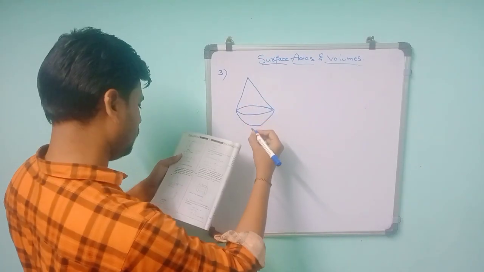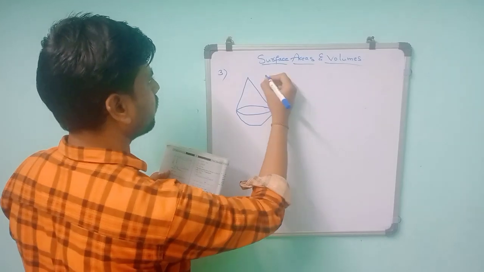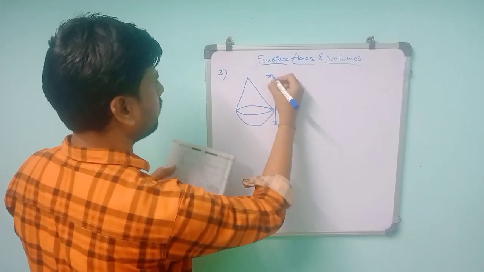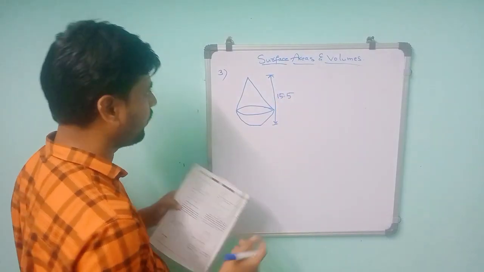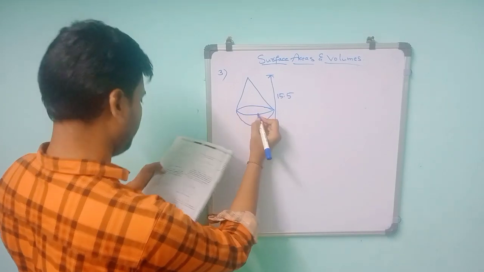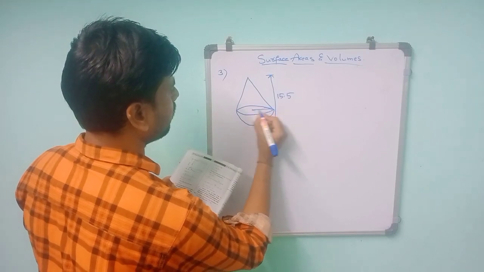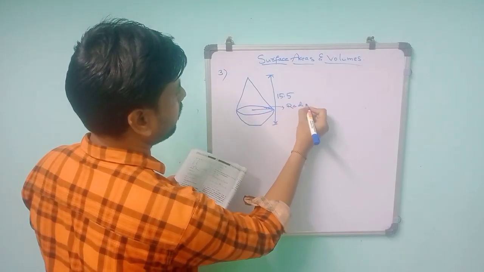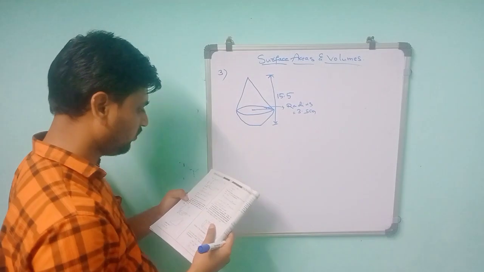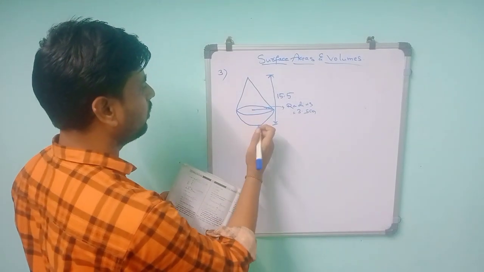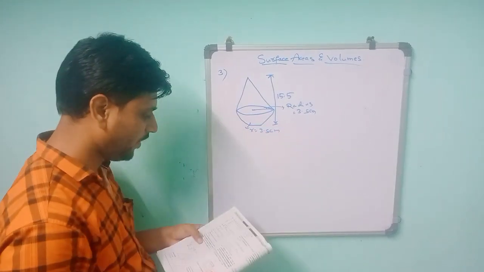The total height of the toy is given as 15.5 centimeter, and the cone has radius 3.5 centimeter, mounted on a hemisphere of the same radius. Same radius means this r is also 3.5 centimeter for the hemisphere. Find the total surface area of the toy.